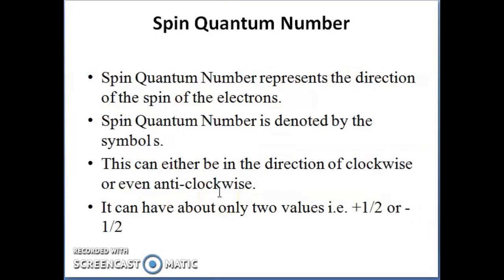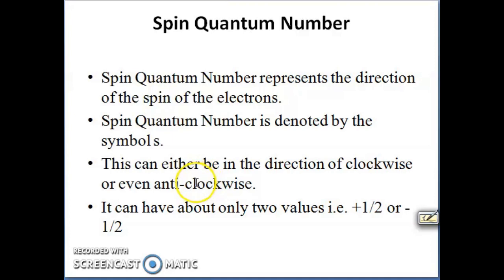The next is the spin quantum number, the fourth one. Its important function is to represent the direction of the spin of the electrons. It is denoted by the symbol s, and the direction of spin can be clockwise or anti-clockwise.